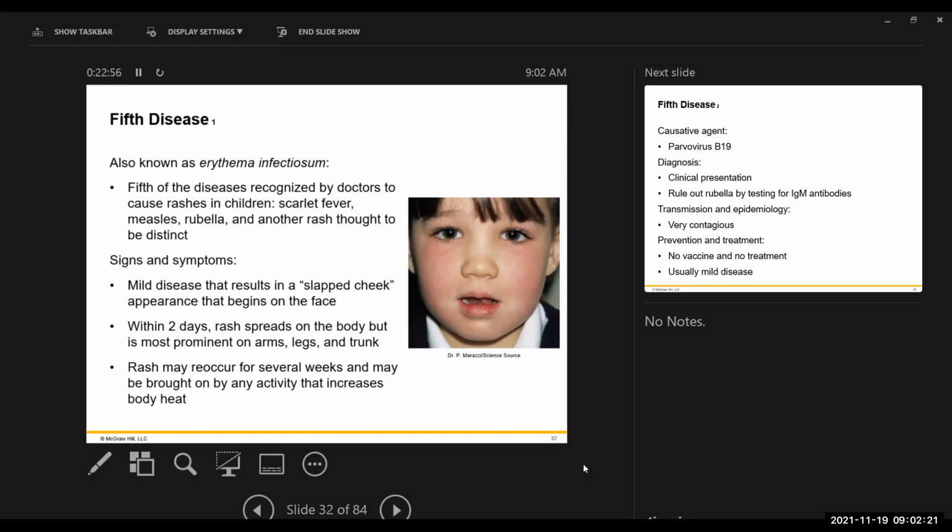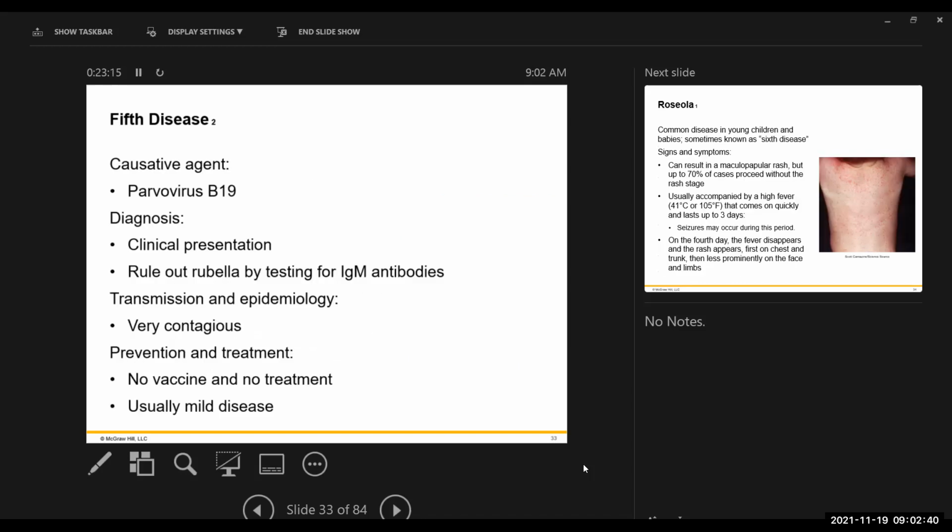This puts the baby at great risk for spontaneous abortion or stillbirth. The good news is that if the baby survives, the infection doesn't tend to cause any permanent defects or malformations. You diagnose this with serology looking for IgM antibodies against the virus.